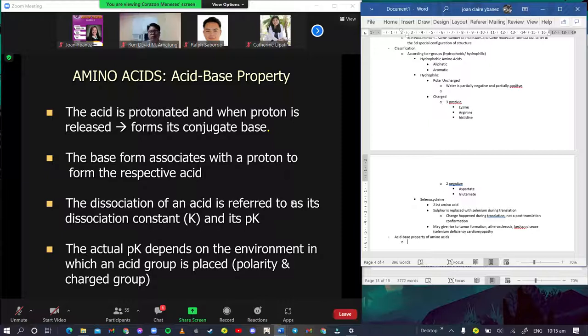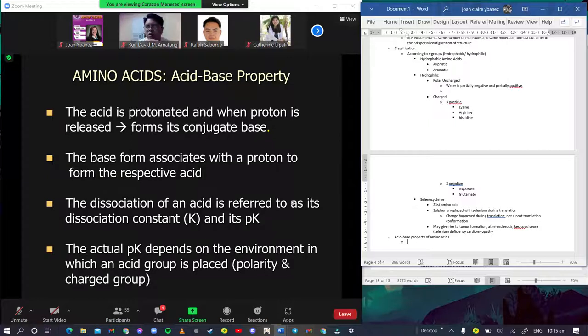If the pK is more than the pH, then it is protonated. Okay, because when you say it is protonated, it will either have a positive group or it does not have a negative group, because of the pK value.